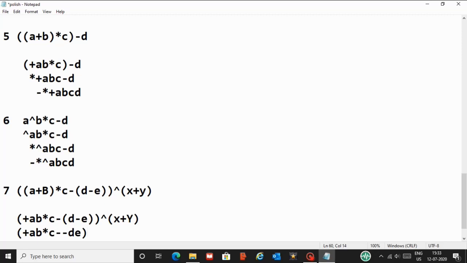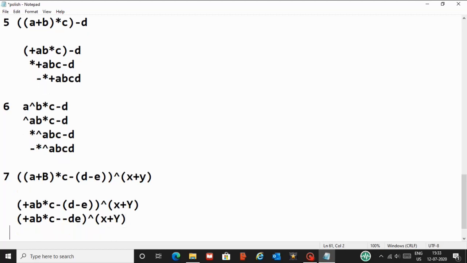Still, I'm left with multiplication and one minus, so I'm not taking out the bracket. After that, let me do multiplication because minus has a lower precedence than multiplication. So I will say star plus A, B, C minus again minus DE.